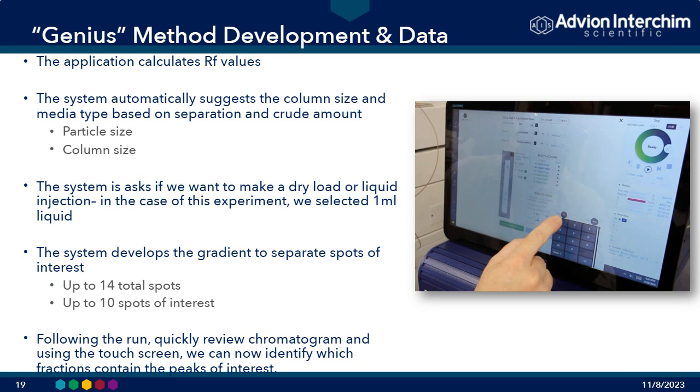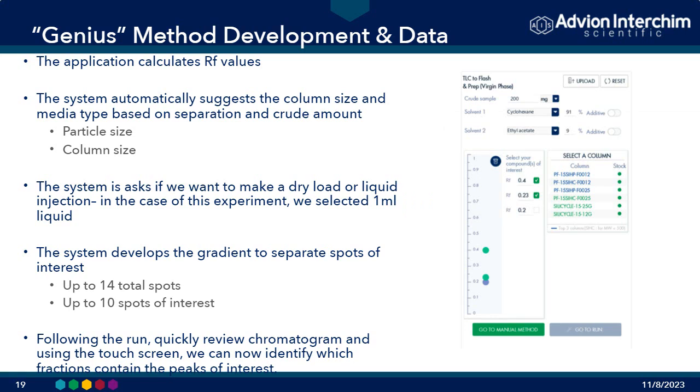Of course, there are some parameters to allow it to separate them all, but you can use a pretty complex TLC plate to make a purification with some confidence, okay? And then following the run, you can review your chromatogram using the touchscreen and identify where your fractions are that contain your peaks of interest.